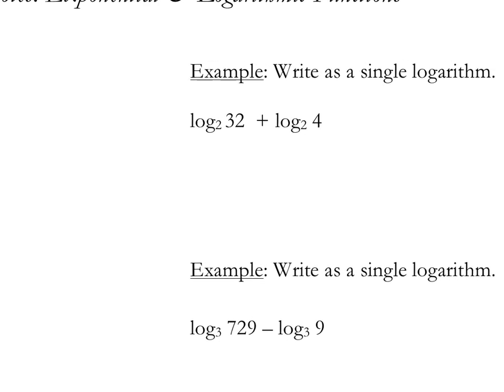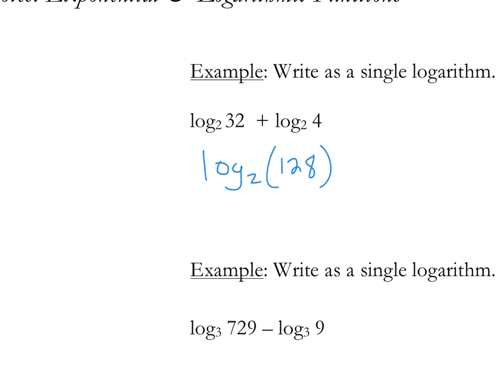So if I go over here, I can do this a few different ways. The first thing I can do is combine these. I can write this as the log base 2 of 32 times 4. And now that is 128. So that is, 2 to what power is 128? 2 to the, let's start low, 4 is 16, 5 is 32, 6 is 64.